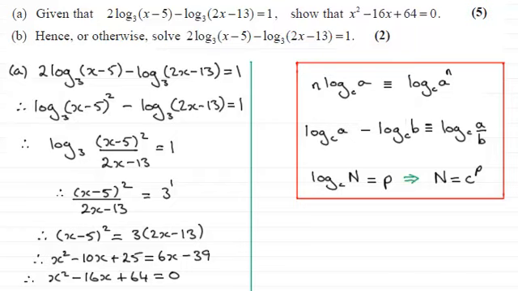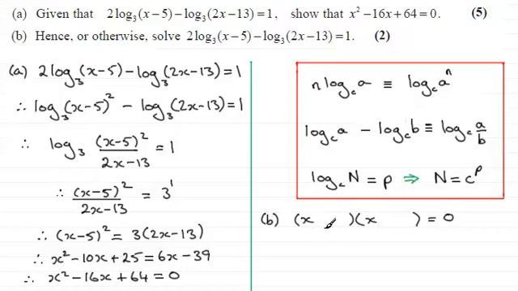Okay, welcome back then if you had a go. So for part B, if we're solving this equation, it's just a question of solving this quadratic equation in x. Now you could use the quadratic formula if you liked, but this one does factorize. We're going to have 2 factors, and it's going to equal 0. Those factors are going to be an x and an x there to give us x squared.